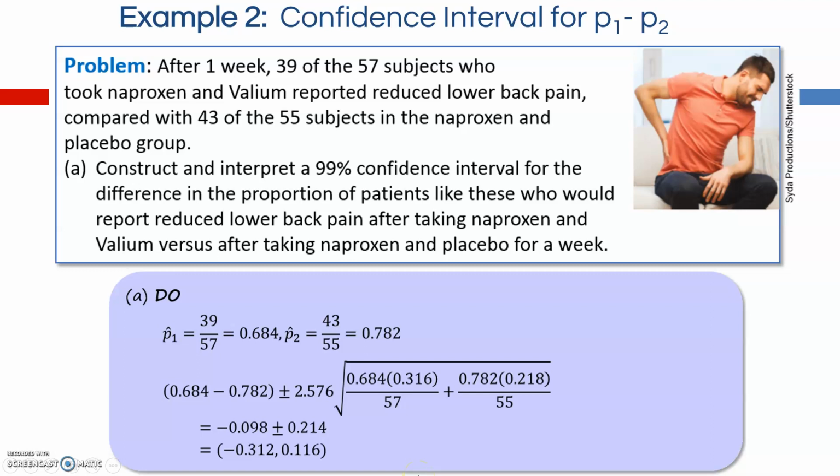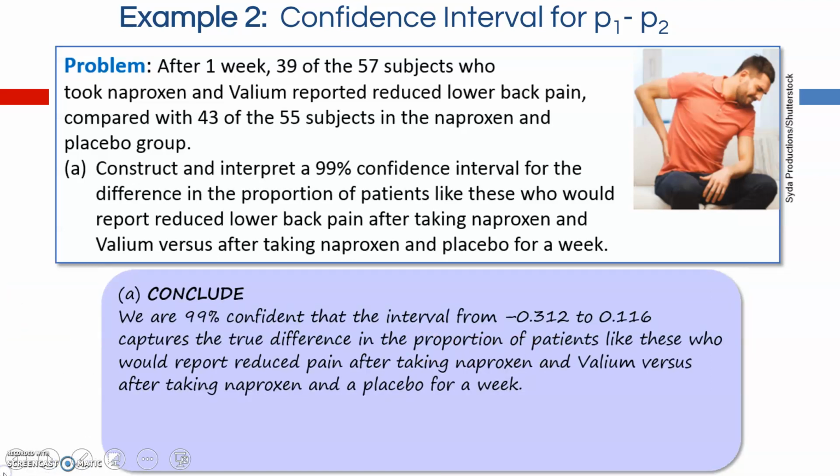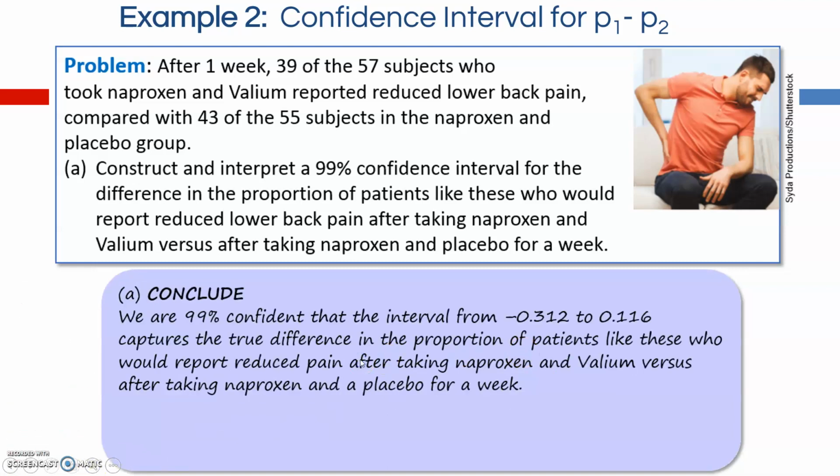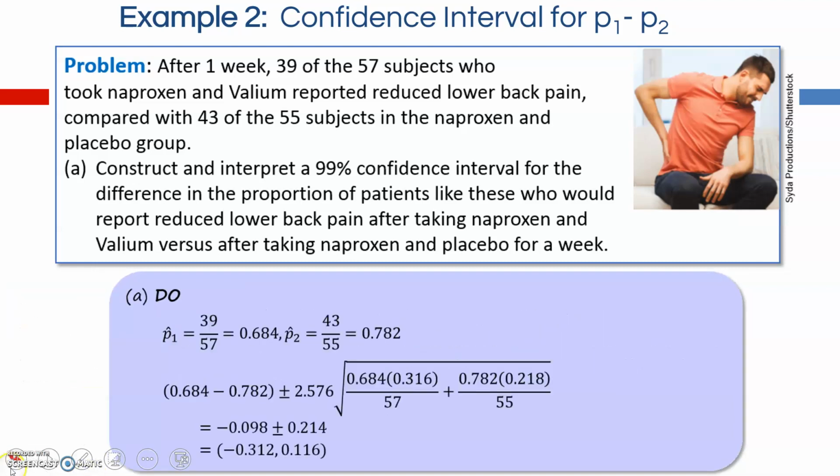Okay, so practice that on your calculator. Make sure that this entire value is all 0.214. All right, and here's your confidence interval. And notice you can get a negative number, and we'll talk about that for part B.